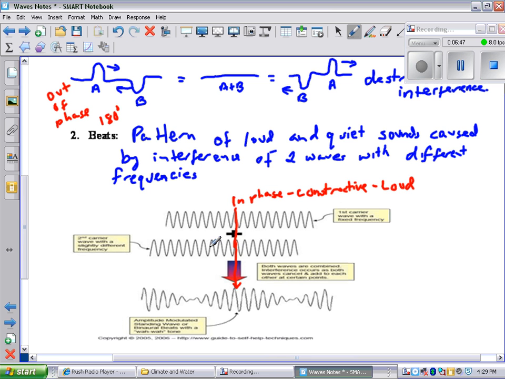All right. Now over here, this one is at a trough, while this one's at a crest. So they're going to line up something like this. All right, so this one's down at a trough, that one's at a crest. So they are out of phase.